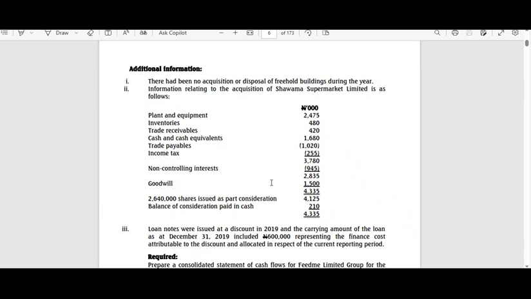Additional information one: there had been no acquisition or disposal of freehold buildings during the year. Information related to the acquisition of Shawarma Supermarket Limited is as follows.